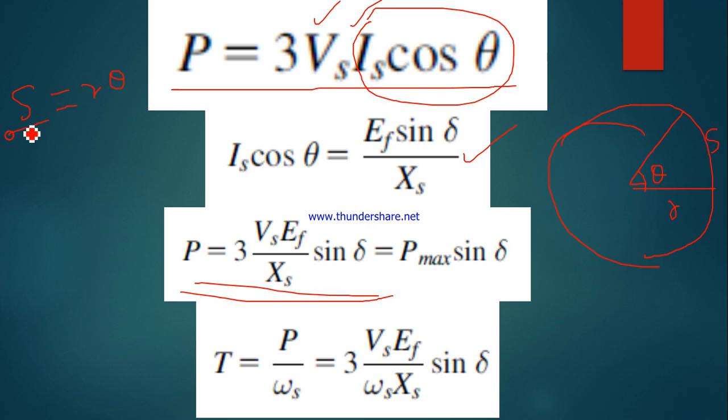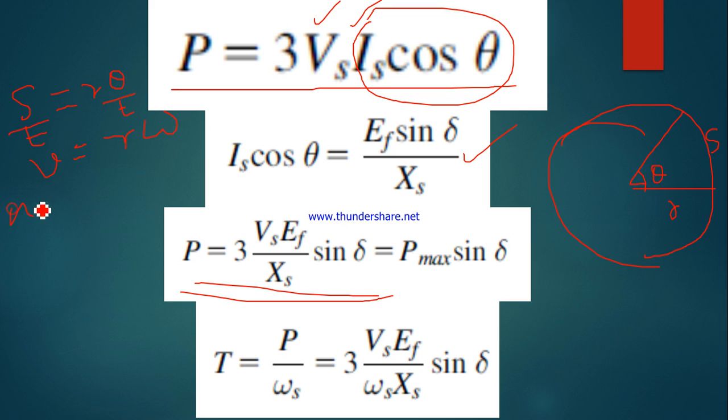Now if I divide both sides by time, distance traveled per unit time is my linear velocity, and radian per second is omega.